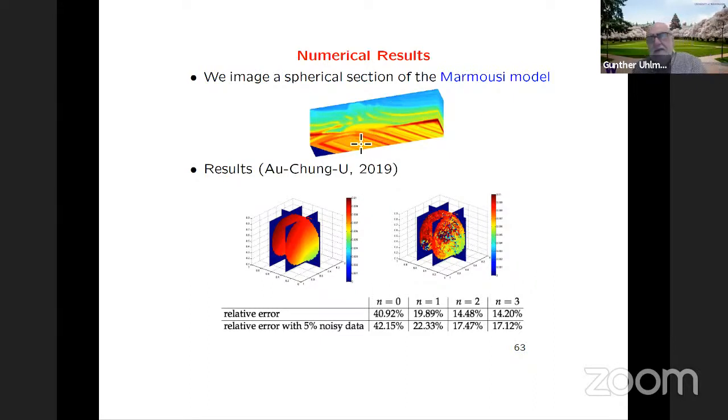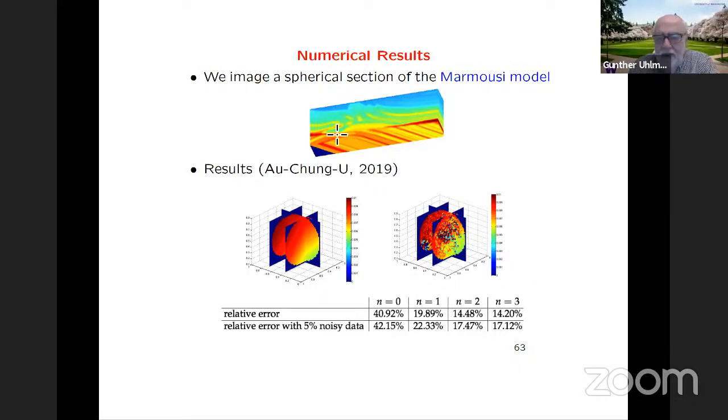This is done so you can test any algorithm. And it performs very well. This again is the Neumann series steps, the larger, and even with noisy data, it performs pretty well. This is a very complicated sound speed. Certainly has caustics and many other things, trapping, and so on.